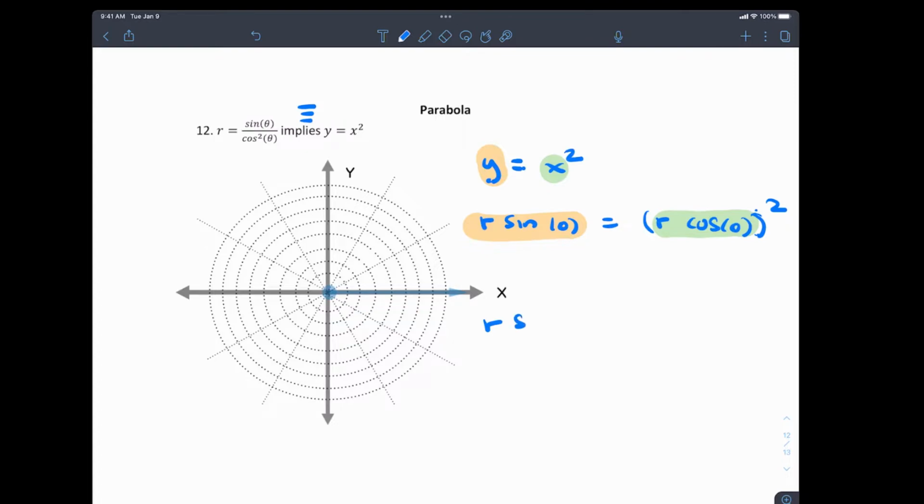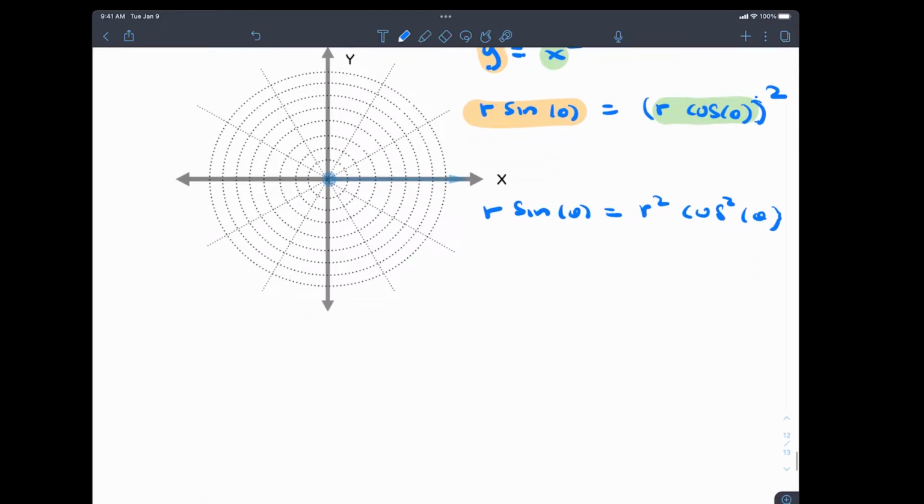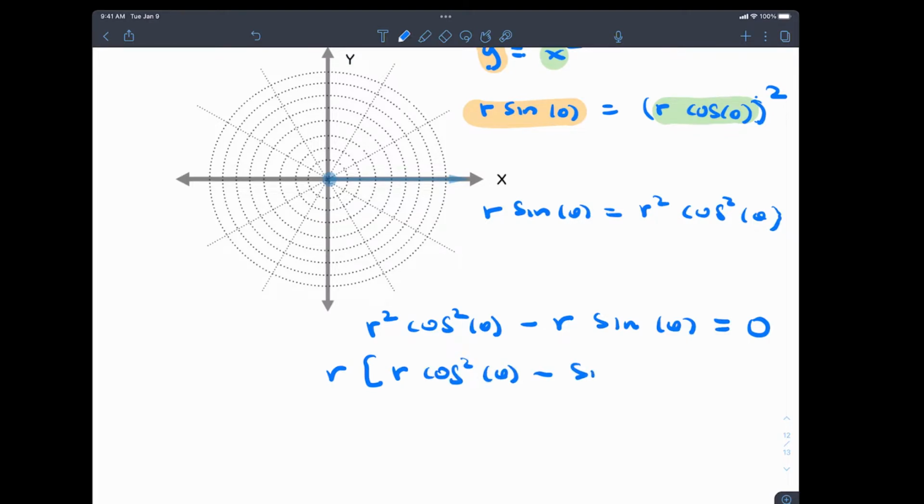So R sine theta is R squared cosine squared theta. And really what you do to show that this is a parabola, subtract that R sine theta here. And that equals 0. You can factor the R out and you get R times cosine squared theta minus sine theta, and that equals 0.